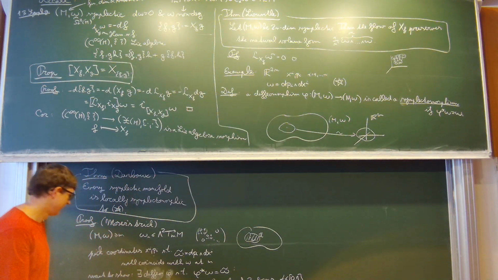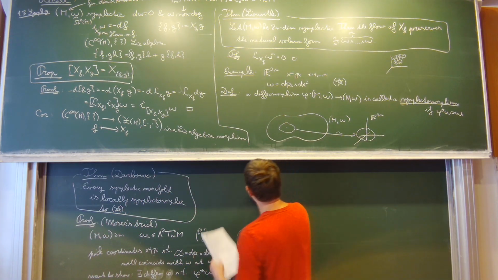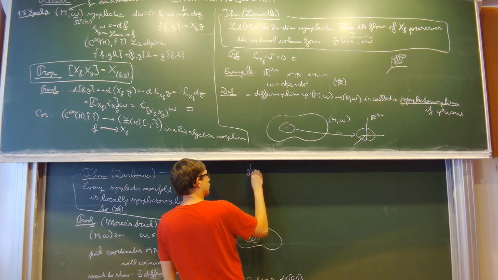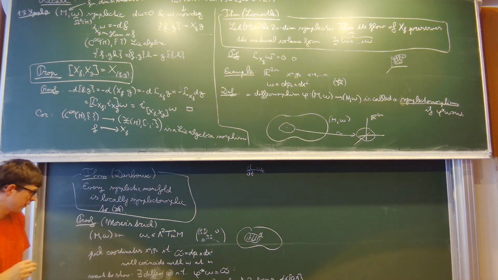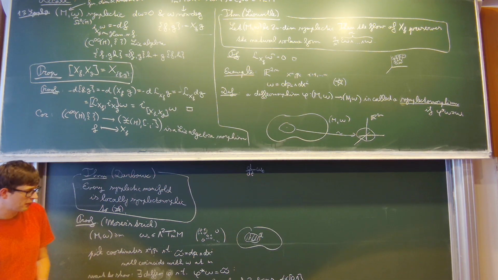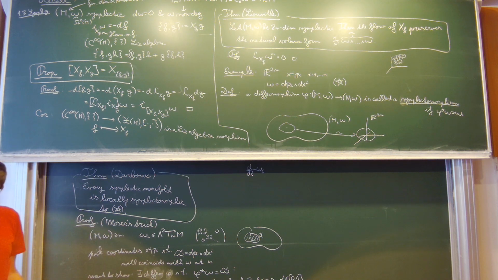Okay, now we have a family, and now let us look at the time derivative of that family. So t here is just an external parameter, 0 to 1. So what does it give?